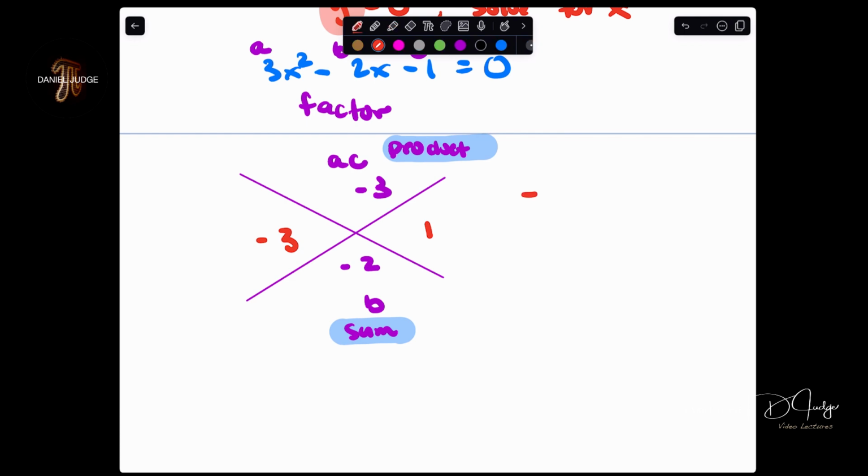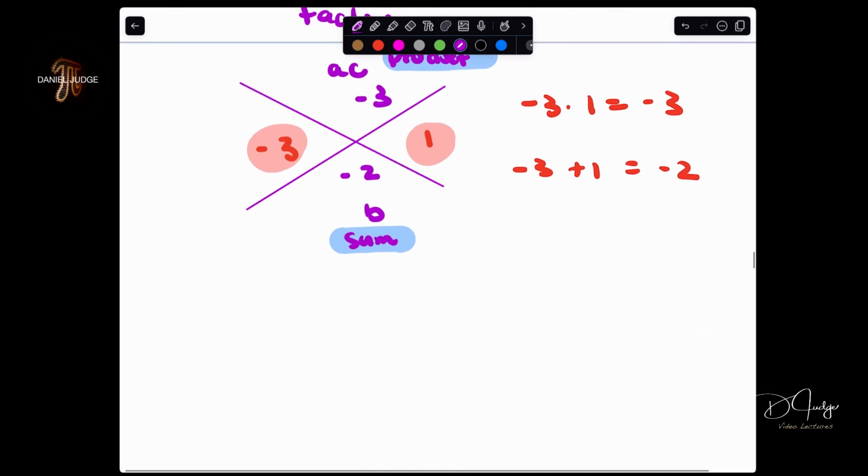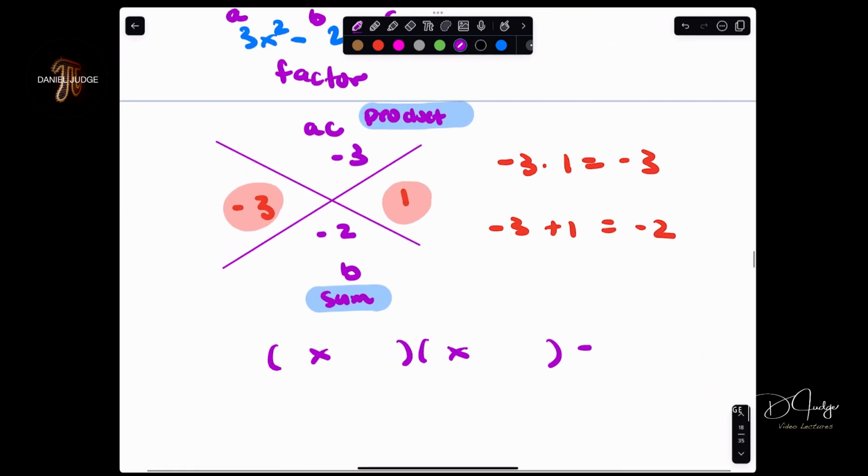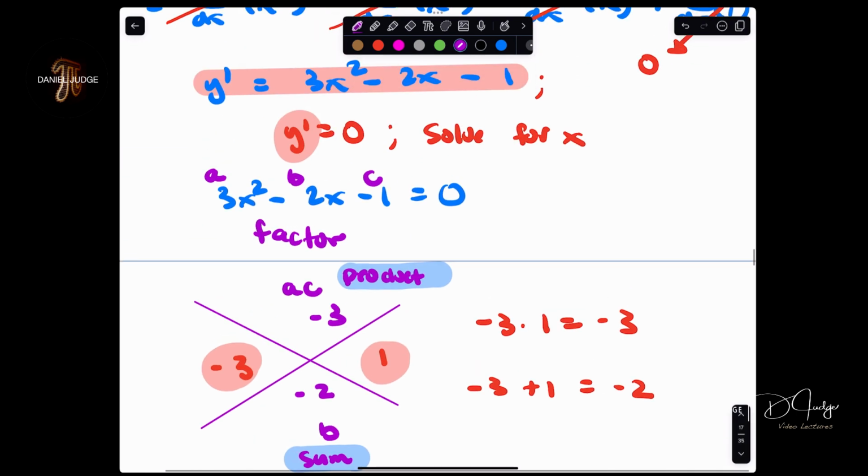Let's double check: negative 3 times 1 gives us negative 3, but negative 3 plus 1 gives you negative 2. So there you go, those are the numbers. So when we factor, we're going to put x here. This is the format. Don't forget, this equals 0. We're focusing here on solving this quadratic by factoring.